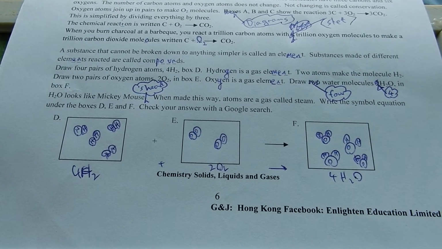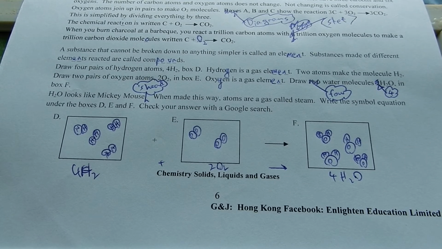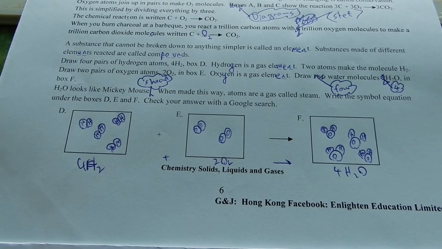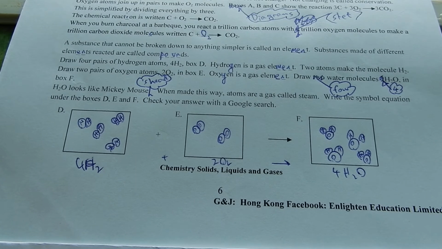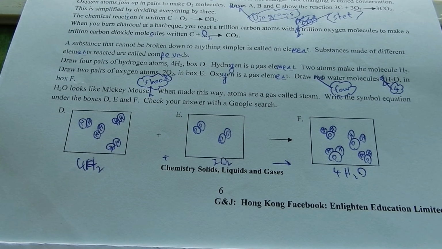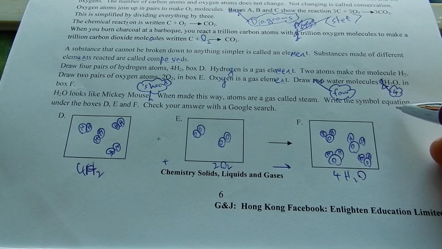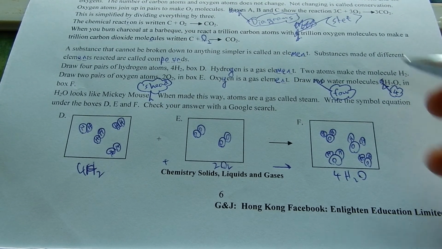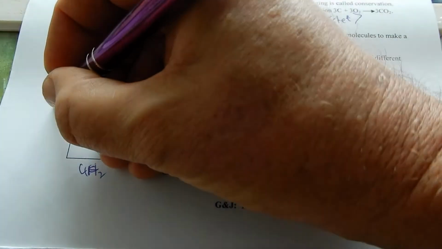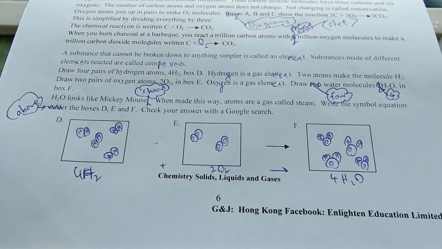Cool. Which gets simplified by dividing by 2. All done. Yes, it works. Great. Above, because there's no room underneath.